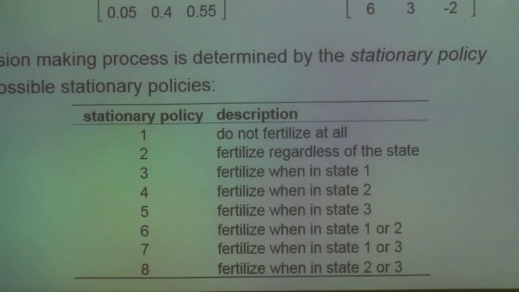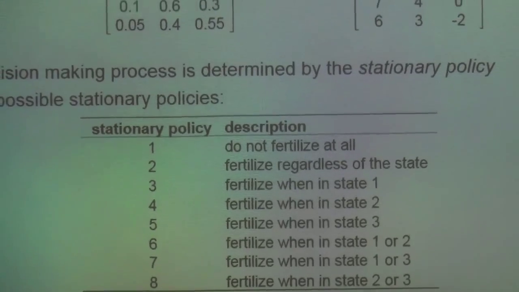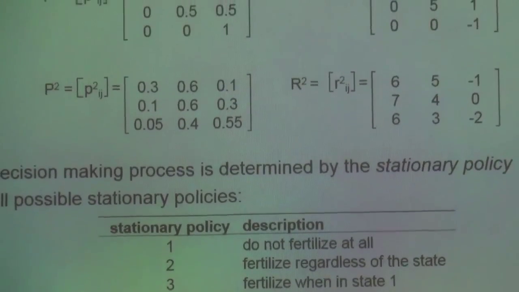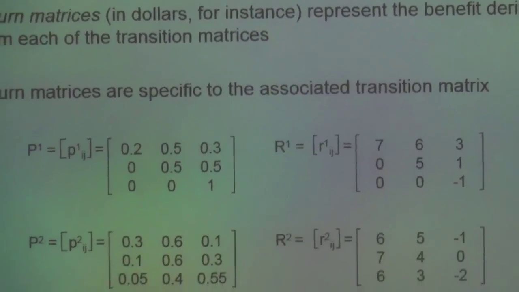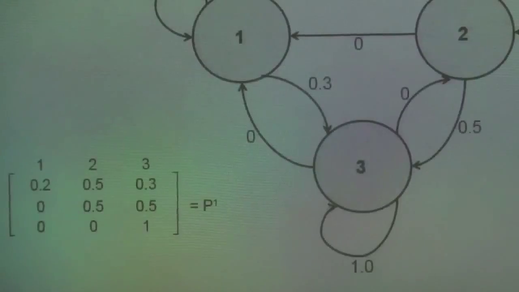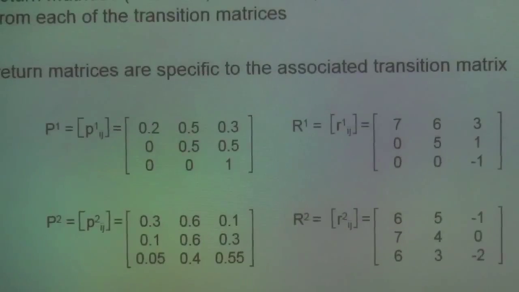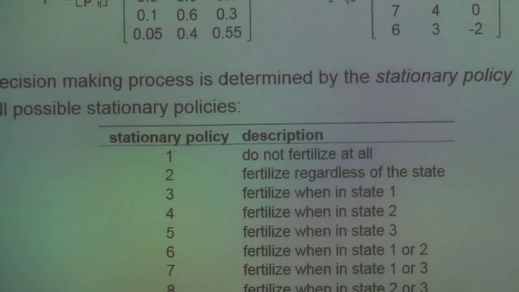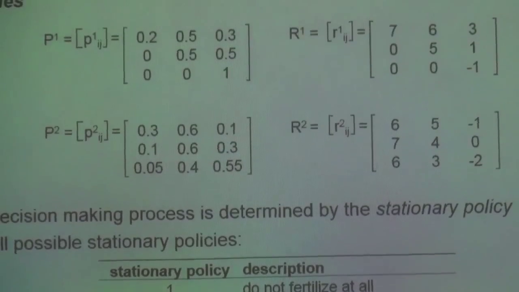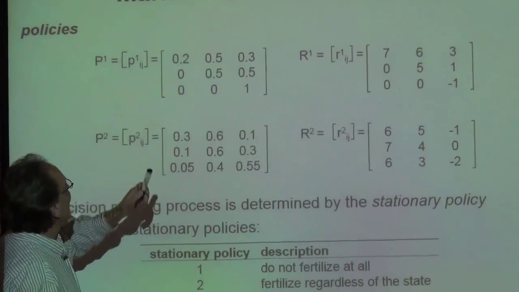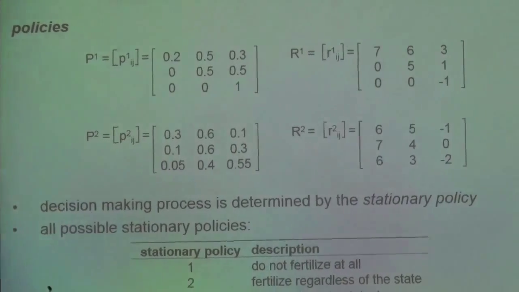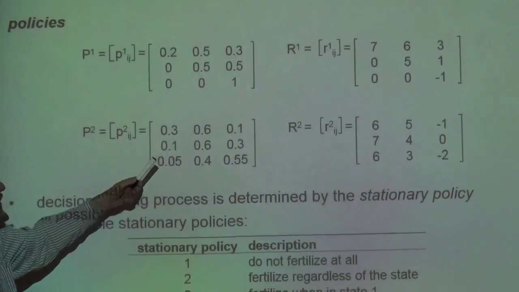Okay? Oh, and by the way, the other thing that I forgot to mention, this is the return matrix for never fertilizing, and this is the return matrix for, or the transition matrix for always fertilizing.